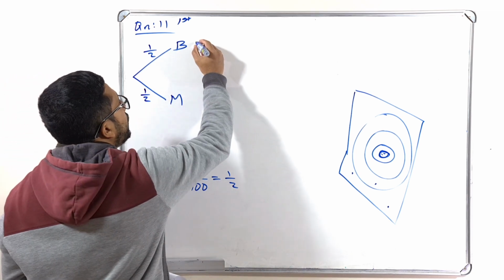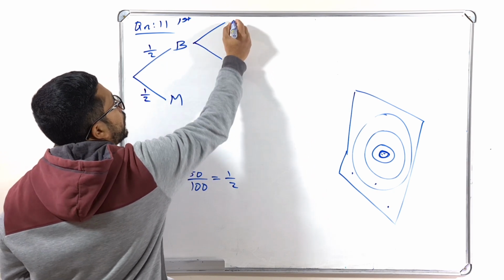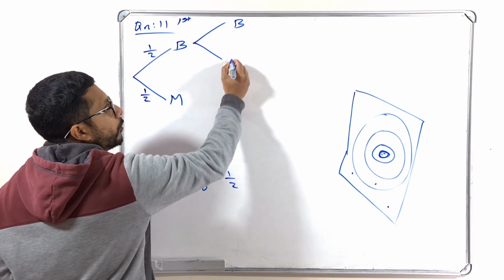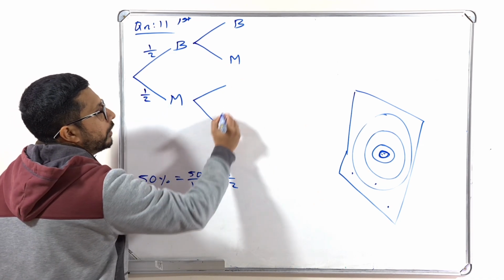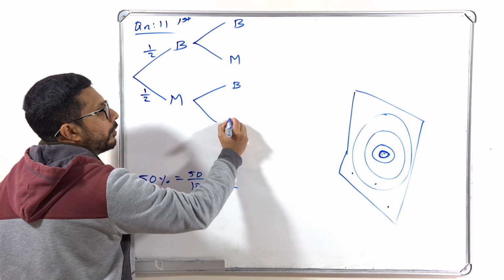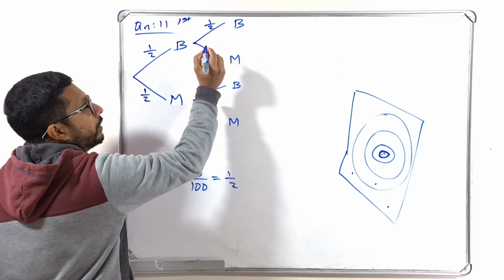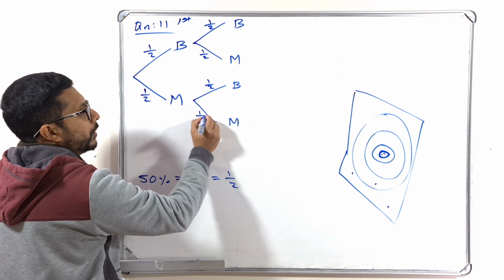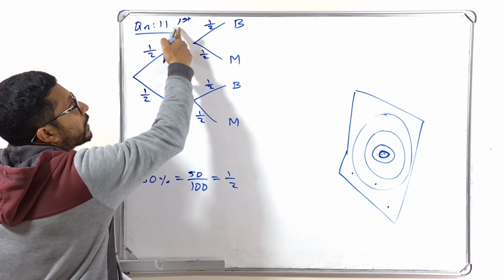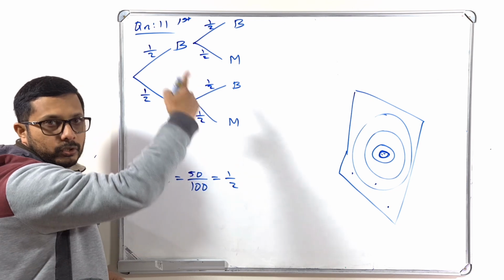Similarly for the next shot, he either hits the bullseye or misses. The probability of hitting the bullseye is 1 over 2, miss 1 over 2, bullseye 1 over 2, miss 1 over 2. So this is the second shot.